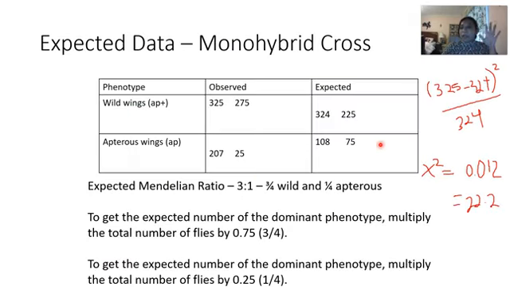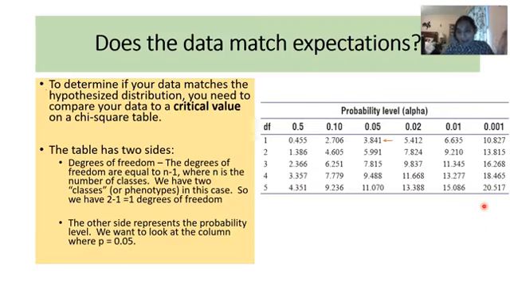We had 0.012 in the first case, so definitely that fits. So in this particular experimental observation, yes, it matched the Mendelian expected ratio. In the second case, it didn't. It was way higher than that 3.84.